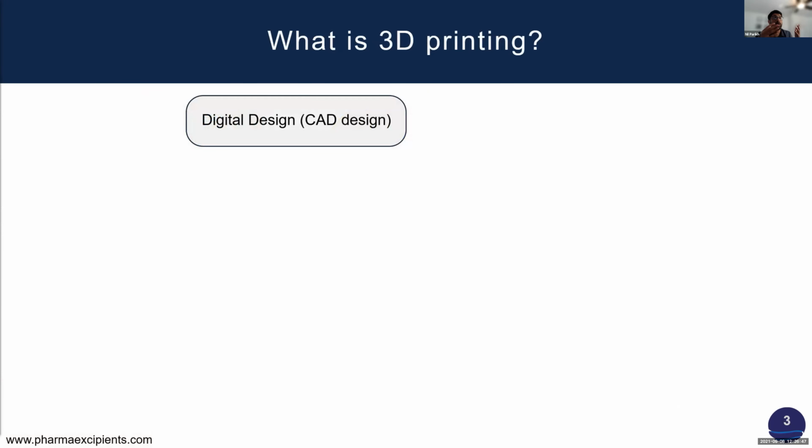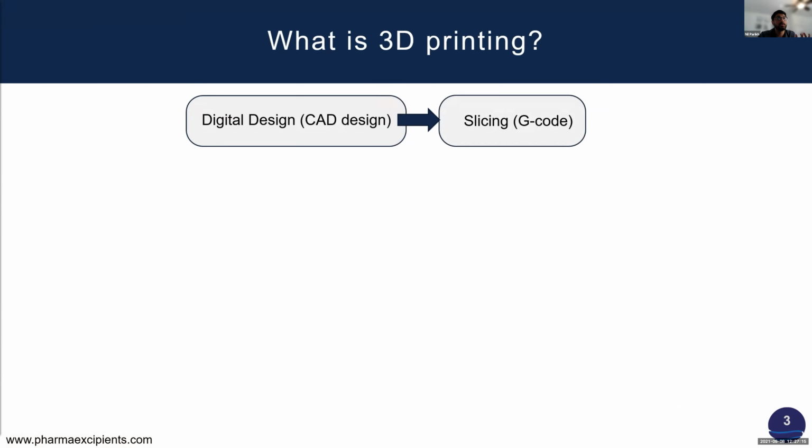To jump in, not everyone is familiar with this, but what is 3D printing? It starts with a digital design that you can make of a part within computer-aided design software, so CAD software, and then that is fed into a slicing software, which, as the name suggests, takes your part and cuts it into pieces, and then allows the motion gantry and the software to create a G-code that's used in order to facilitate the printing.